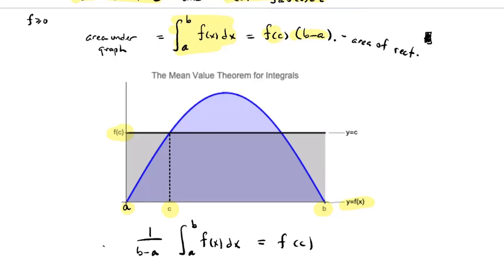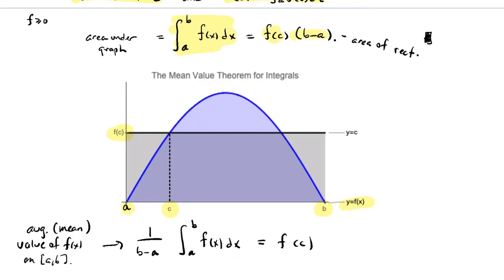Sometimes people call this quantity on the right the average value or mean value of the function f of x on the interval from a to b. So it's the integral divided by the width of the interval. In some sense, it's like the continuous analog of adding all the function values together and dividing by how many of them there are, but done over this continuous interval. So people call that the mean value of f, or the average value.